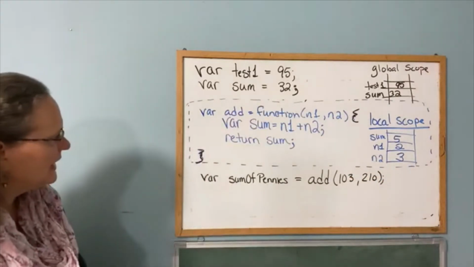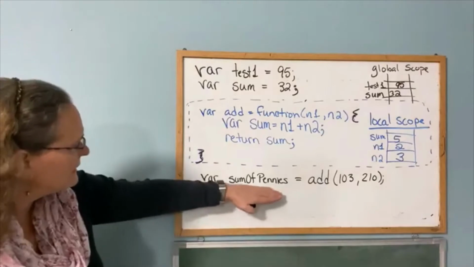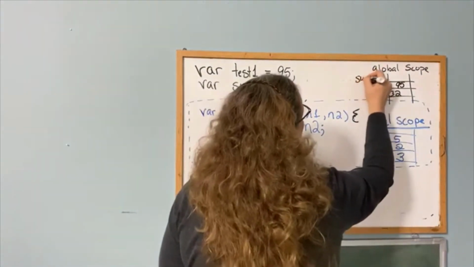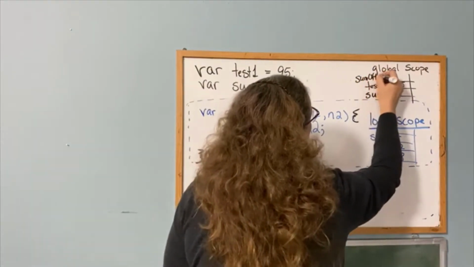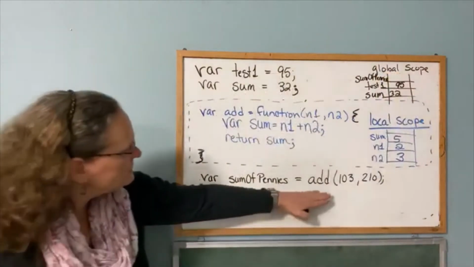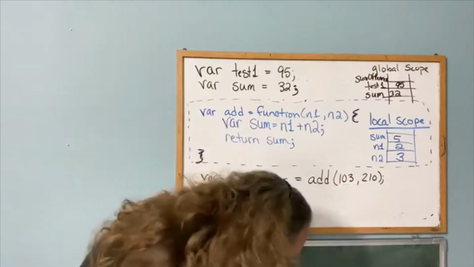Okay? So here we have sum of pennies. So we have another global up here. And we add 103 and 210.